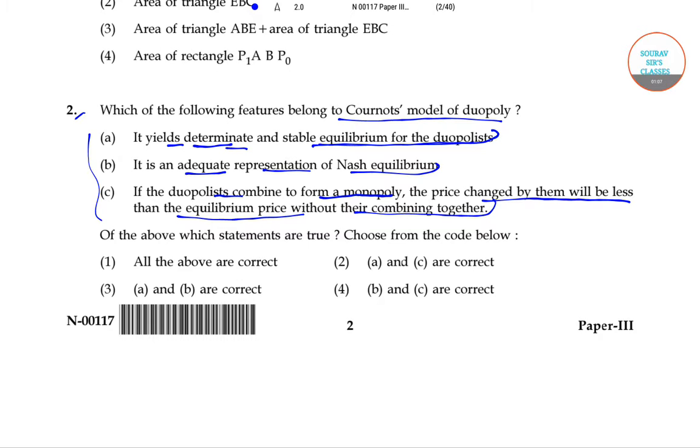So we have to see out of these three which one belongs to the features of Cournot model of duopoly.